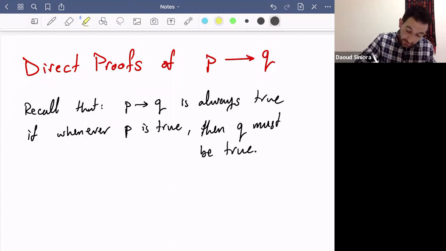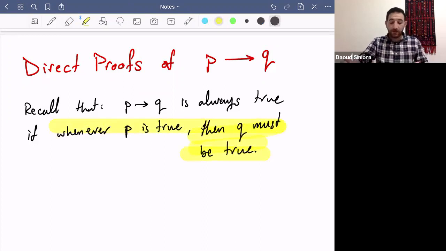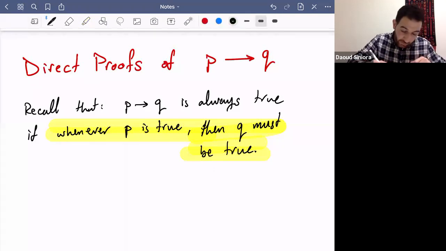And this is the direct proof strategy. This is how we will prove a conditional statement is true, by assuming the hypothesis is true and then showing that Q must be true. Let me say quickly why this strategy does the job.